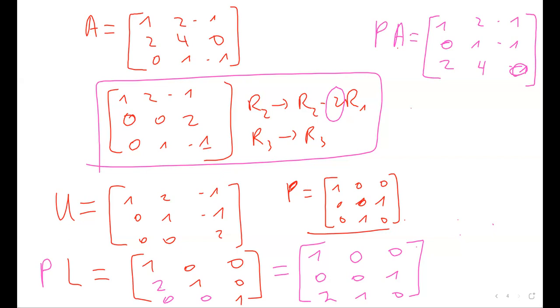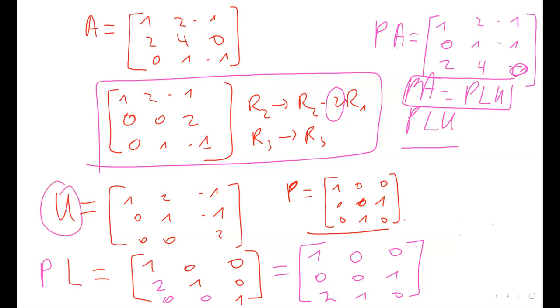And this should correspond to PW as well. So this is what we mean: PA should be equal to PW. So now we have our U, and then we have this guy here that we can now use.